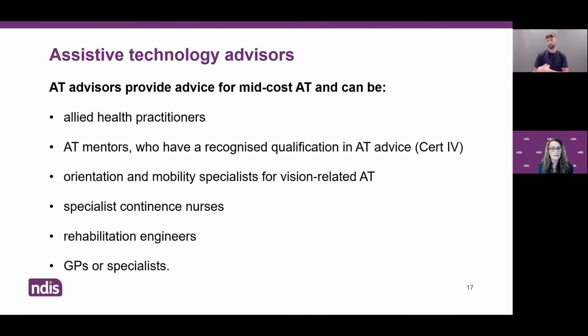They can be orientation and mobility specialists for the vision sector. They can be specialist continence nurses or rehabilitation engineers. GPs and specialists can also be advisors for equipment such as CPAP and ventilators.